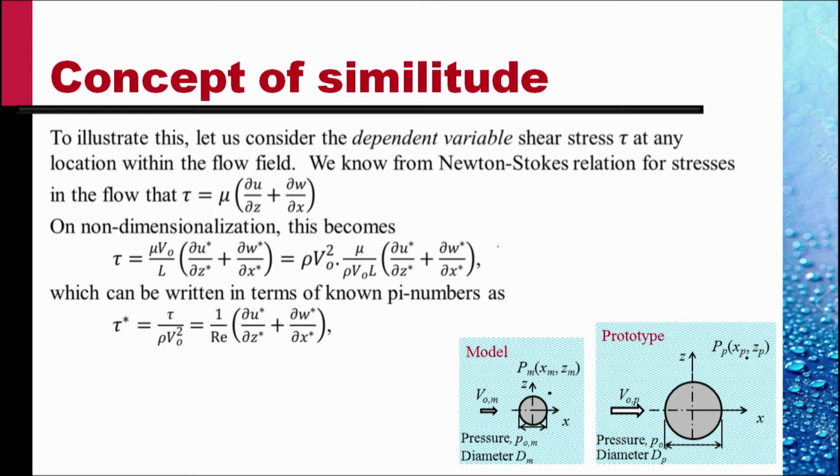Or we can simplify this to say tau star is equal to tau by rho v naught square. This non-dimensionalized shear stress is equal to 1 over Reynolds number into del u star by del z star plus del w star by del x star.